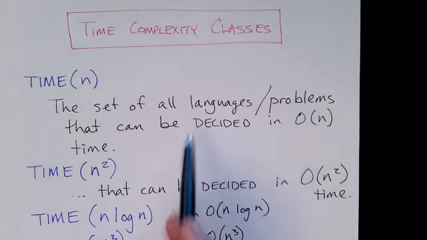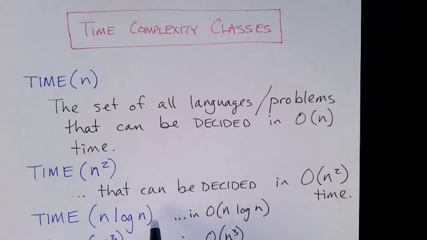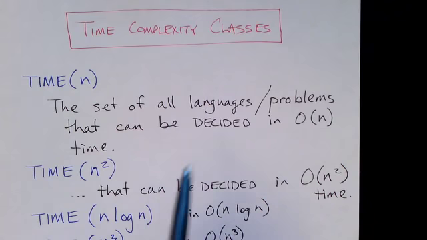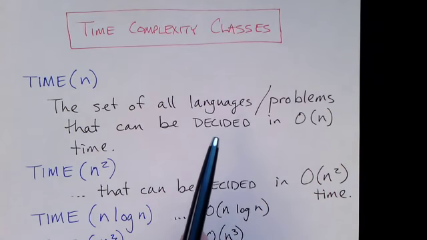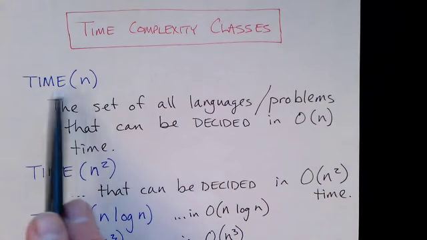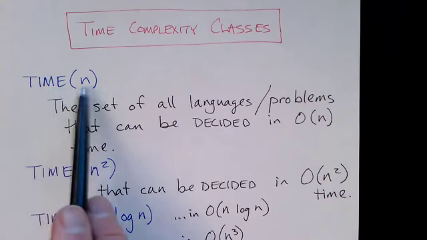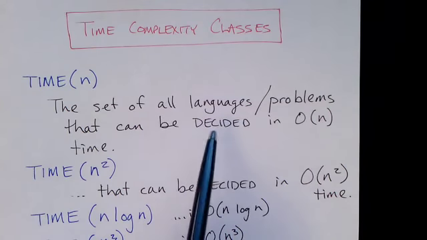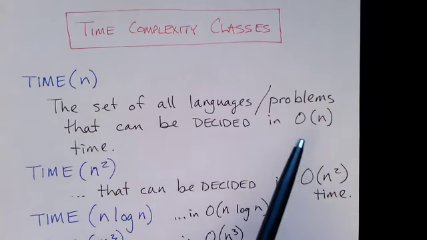So remember, these are all decidable problems. Okay, we're not talking about Turing recognizable or other sorts of problems. We're talking about algorithms that will halt. So these are all subdivisions of the category of decidable problems. And we can denote with this notation, time n, the set of all languages or the set of all problems that can be decided in linear time.